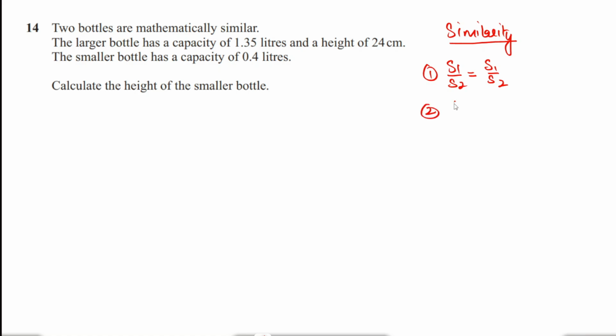Second thing, the ratio of the areas is equal to the square of the ratio of sides. And third thing, the ratio of volumes is given as the cube of the ratio of sides. That is how we solve these kinds of problems. Two bottles are mathematically similar.